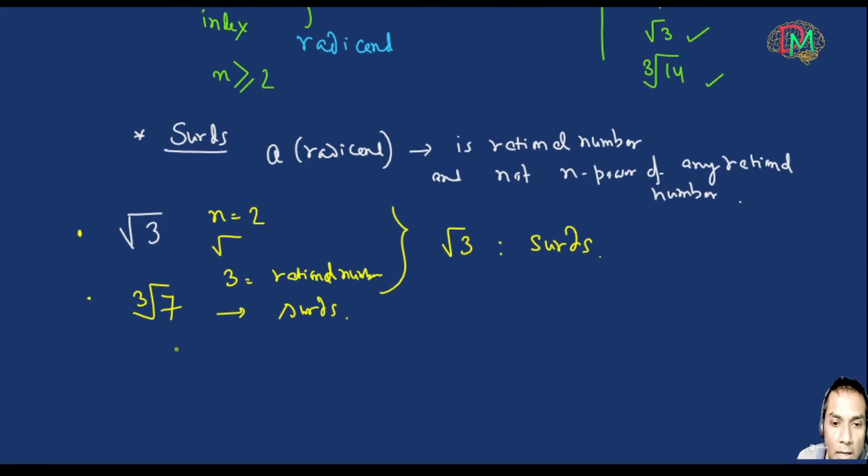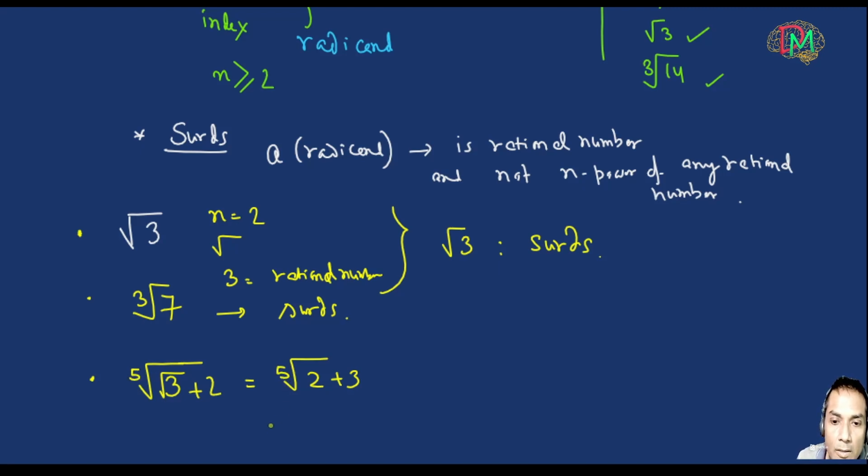I give you another example. If I consider root of 2 plus root 3, here the any root, that is 5.